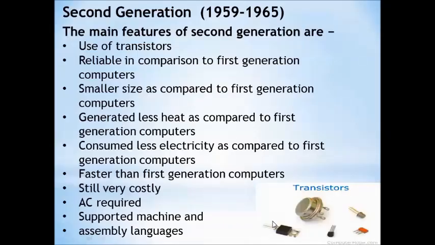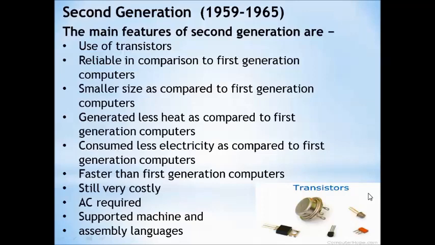The second generation computer. During second generation computer, the main processing component got replaced from vacuum tubes to transistors. These transistors were very much smaller than the vacuum tubes. They are of the size of a small board pin. Due to the use of transistors, the computer size became very much smaller in comparison to the first generation computer.